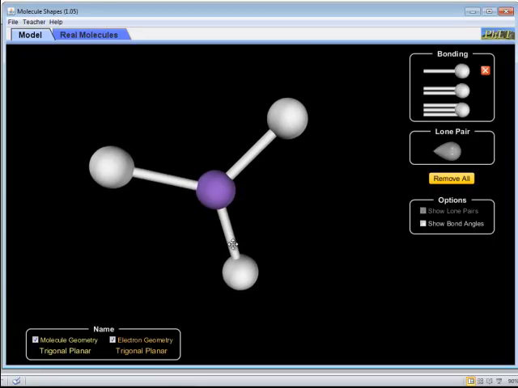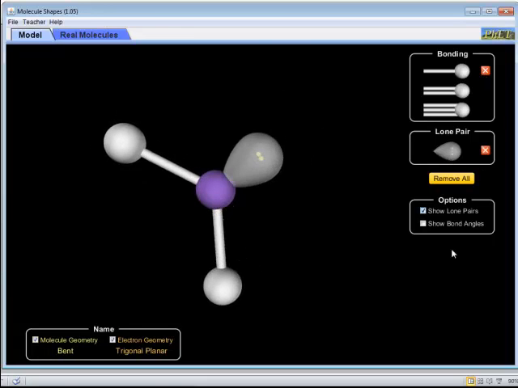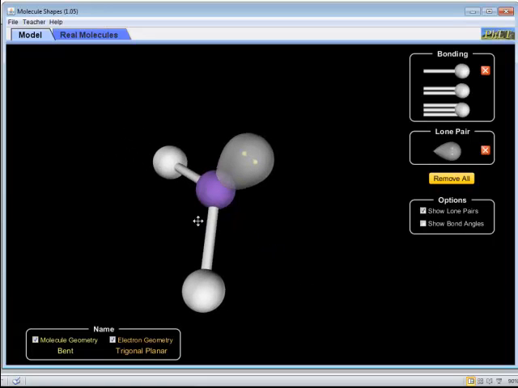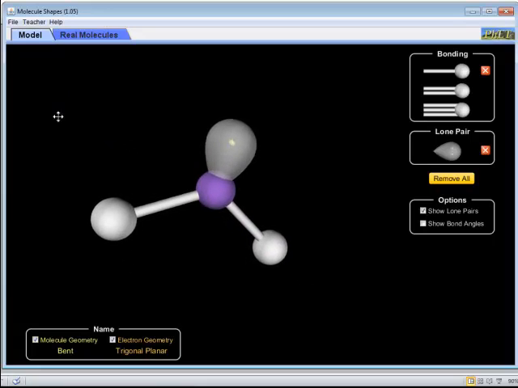So let's see, this is equilateral, but if I remove 1 and replace it with a lone pair, you can see it's still close to equilateral, still a triangle, but because this is just a lone pair on the central atom, when we talk about the shape of the molecule, we only talk about those 3 atoms. As you can see now, the shape is a bent shape.